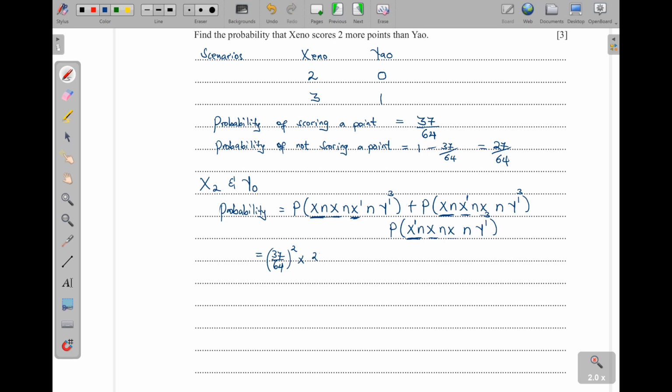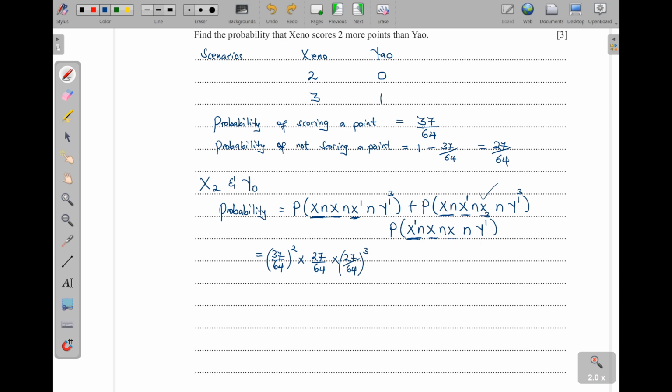So that is 27 over 64, okay? This is now for Yao. But that is for Zeno. Now for Yao, doesn't score a point. It is 27 over 64. Then I will cube it. Okay? All right. Now you can see that it is going to be the same for here and here.